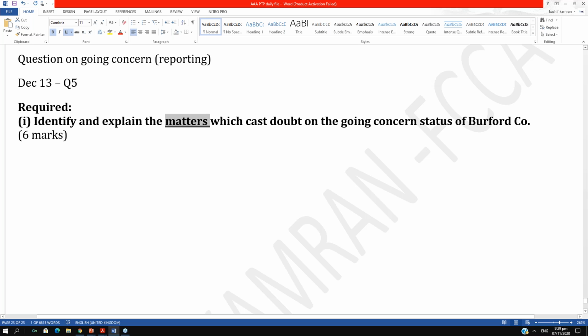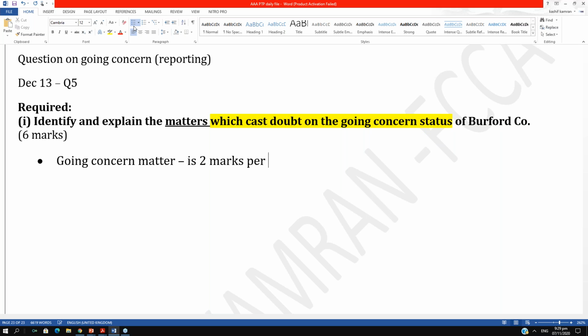Matters which cast doubt on the going concern status. So should I identify these matters from the case study? And the marking scheme of a going concern matter in the exam paper, which you will identify from the case, is 2 marks per matter.